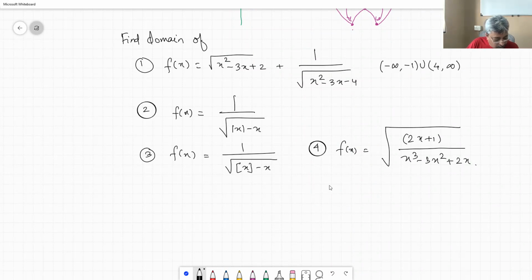Answer for the second is -infinity to 0, open. For the third, there is no x which will satisfy this. Okay, now you find out the answer for the fourth and show it to me.